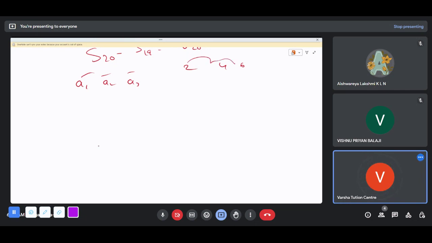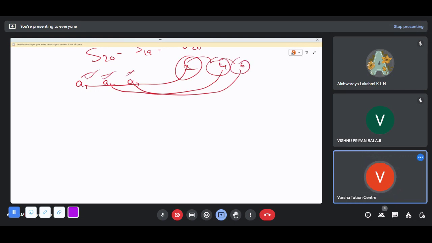What is the name of 2? A1. What is the name of 4? A2. What is the name of 6? Tell me. I don't want names. I'm asking for the first three terms.